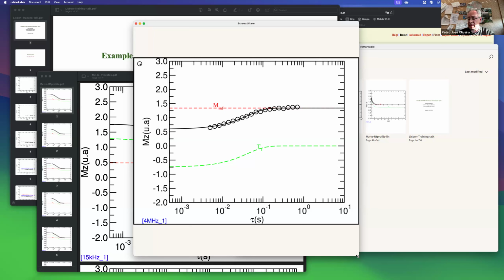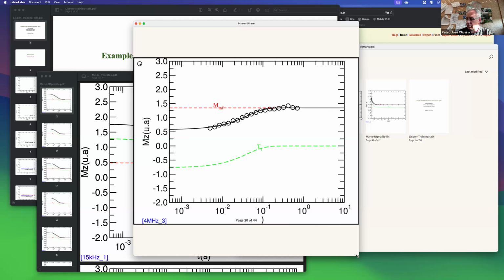So this is typical of conventional NMR setups and conventional techniques, which are usually known as either inversion recovery or saturation recovery. These are some technical things that eventually you will see next week in the second half of this training school.